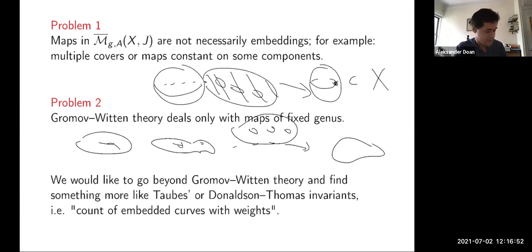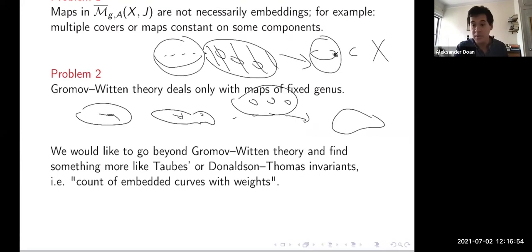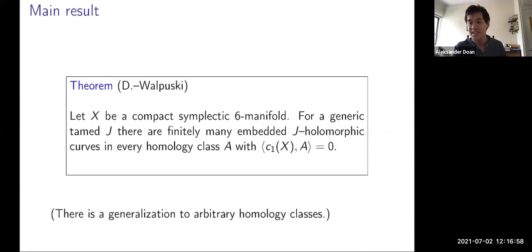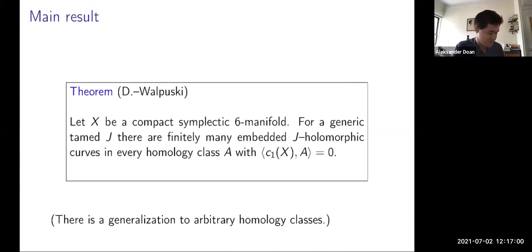So the main theorem I'm going to state does not define such an invariant, unfortunately, but you can think of it as the first step in this program: if you want to define an invariant which is a count of embedded curves with weights, then the first step is to show that for a generic J, there will be finitely many such curves. And this is what this theorem says.